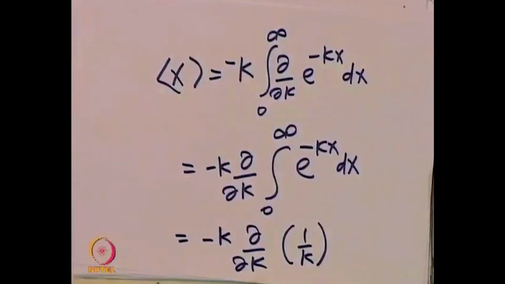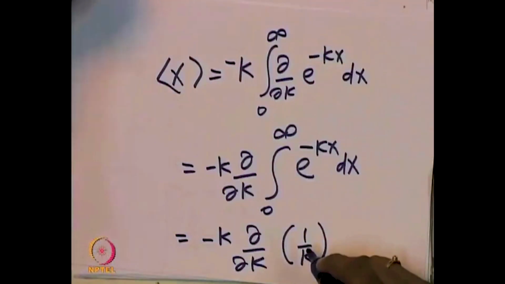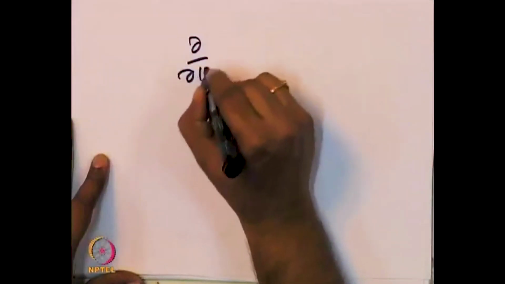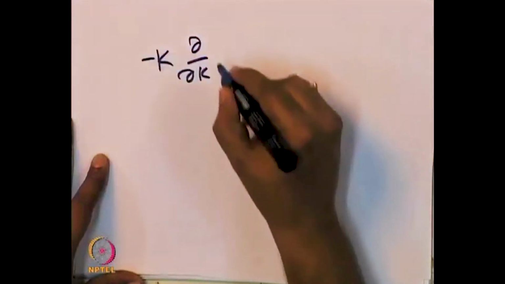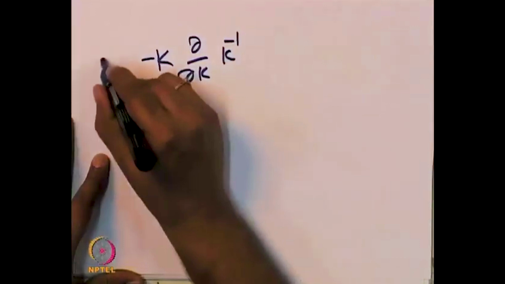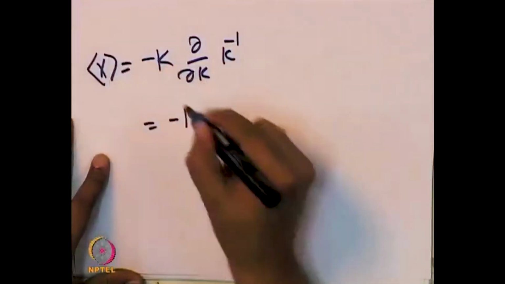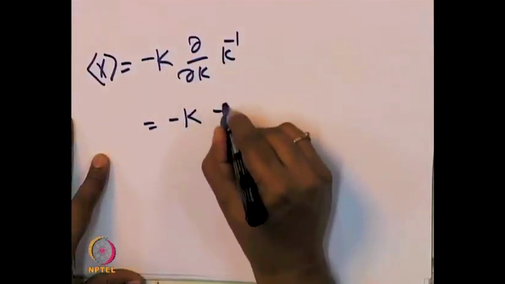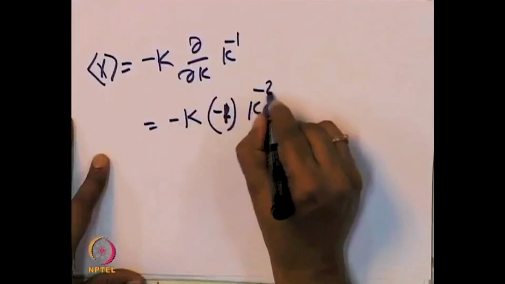So, what is del by del k of 1 over k? Del by del k of 1 over k is del by del k of k power minus 1, which is minus k power minus 2. So, we have minus k times minus 1 times k power minus 2.